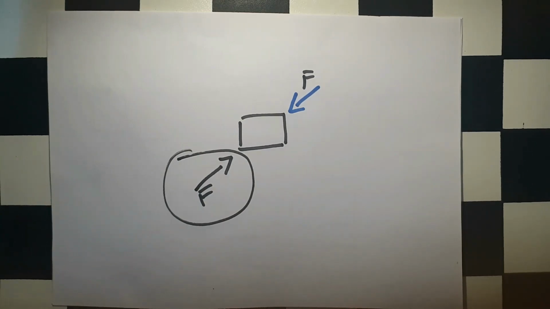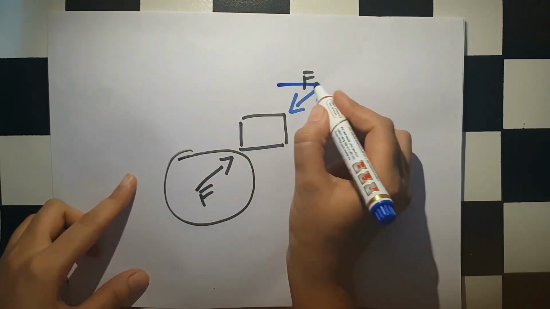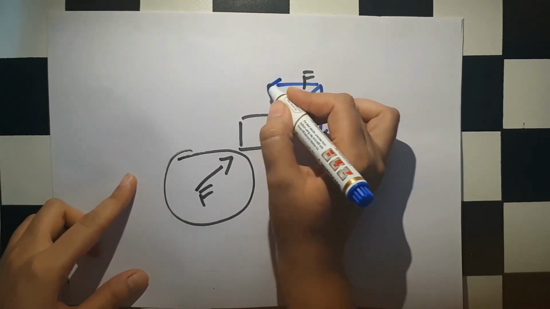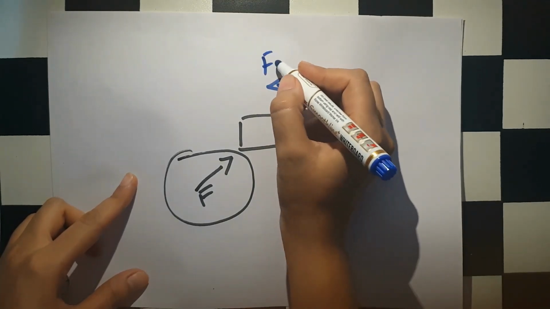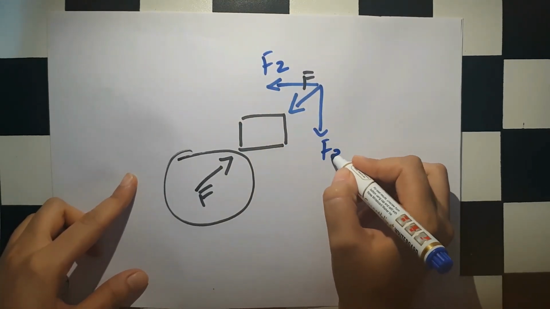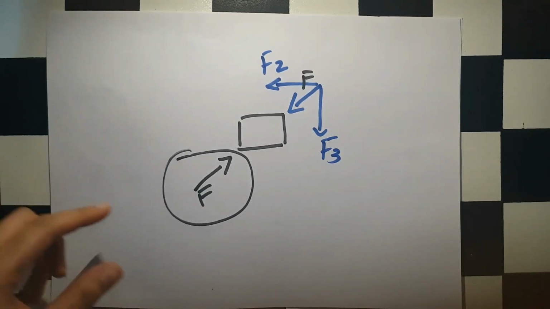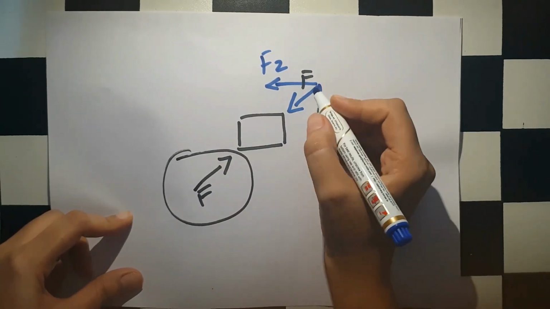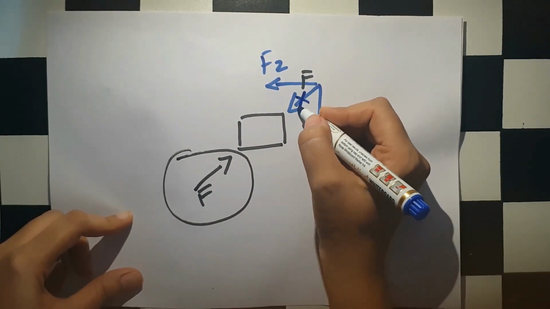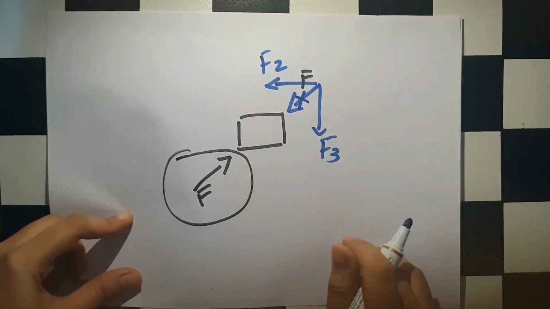So now the application of resolution of force comes into the picture. Since you now know how to resolve this force into two components, horizontal and vertical, suppose these are F2 and F3, now you have more options to restrict these forces rather than this force. Now instead of applying this force, you can assume that F2 and F3 are applied on this block.